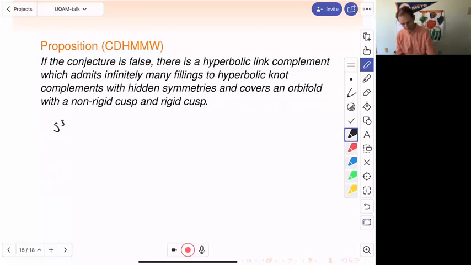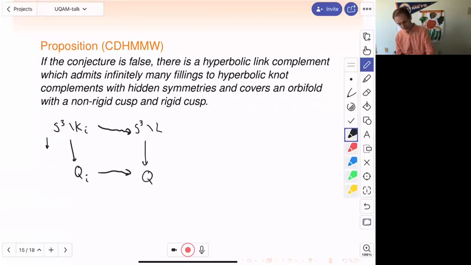So we'd have S3 minus Ki covering some Qi, and we might as well assume that these Qi's have only three torsion on their cusp. And then we'd actually be able to build a geometric limit to S3 minus K, and these Qi's would limit to Q. And so we'd be able to understand this infinite family of covers in terms of covers of some link complement.